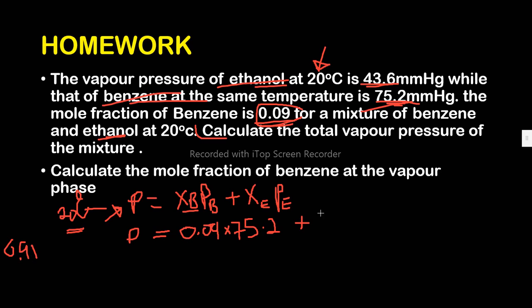So we shall have 0.91 ethanol times the partial pressure of ethanol at 20 degrees Celsius, which is 46. So if you calculate this, you come up with the total pressure. Guys, what's the answer?